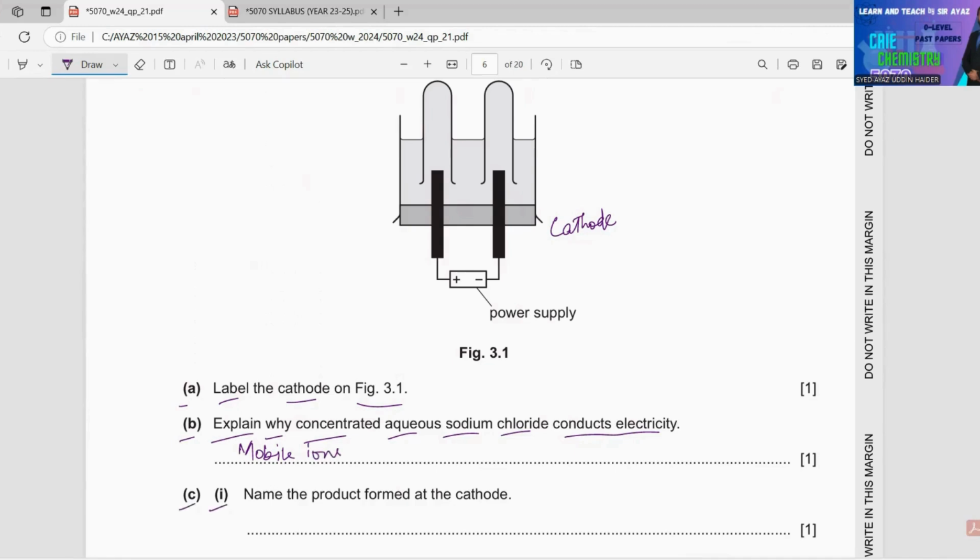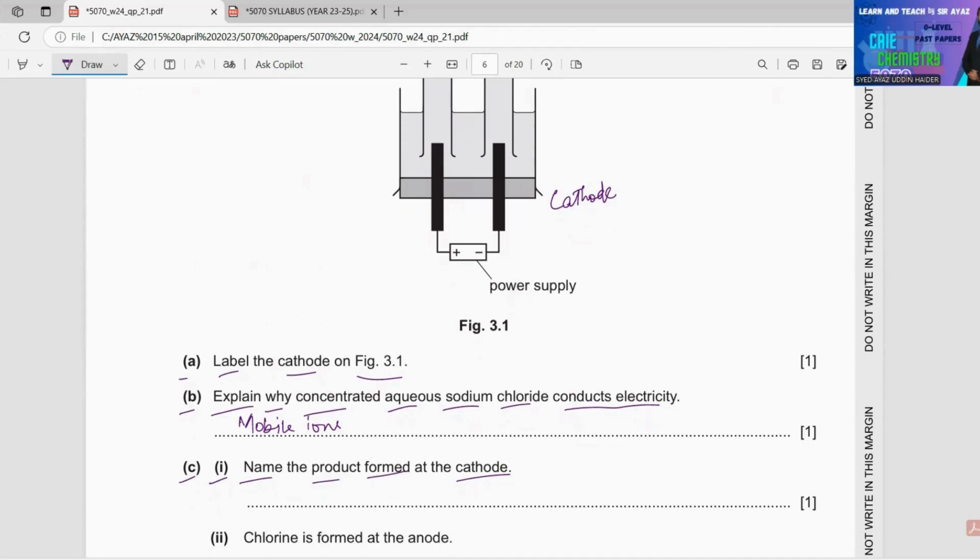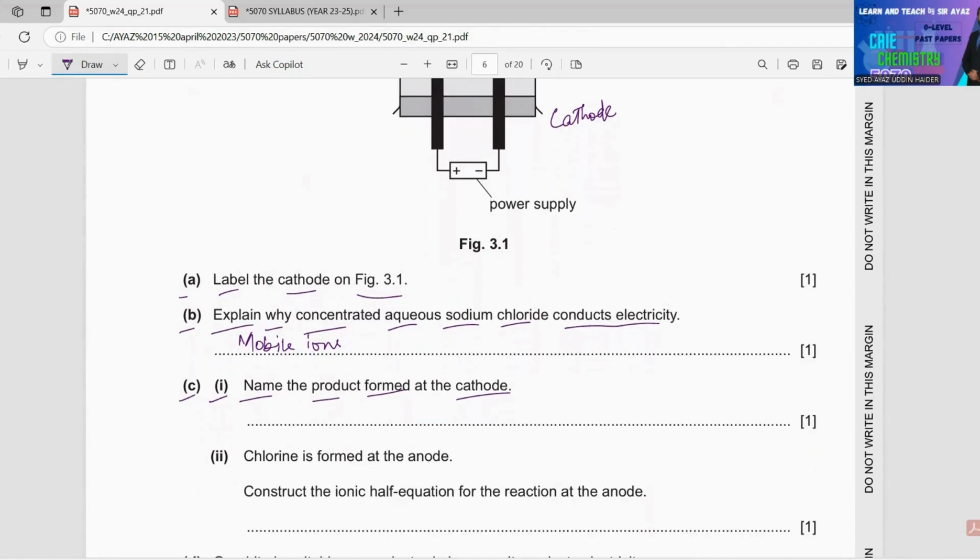Part C1. Name the product formed at the cathode. In the case of concentrated aqueous sodium chloride, you will get hydrogen gas, because hydrogen is less reactive than sodium, or the reverse argument, hydrogen is below sodium, or hydrogen has high ease of discharge, low difficulty of discharge.